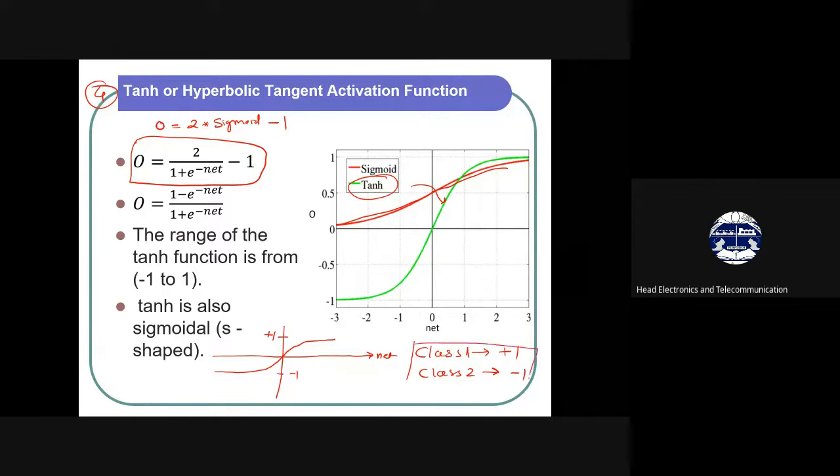That is the change if I use the tanh activation function. Whenever there is a binary class problem, that means there are only two classes to be learned, then this is a better option. You can go with plus 1 for, say, pen and minus 1 for duster. If I want to learn only two classes, pen and duster, then I can use this kind of activation function, which is derived from the earlier function, that is the logistic function.